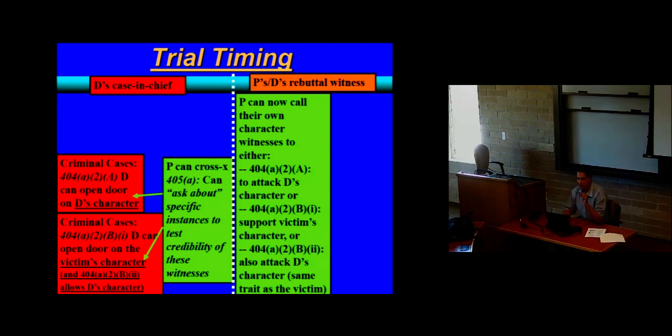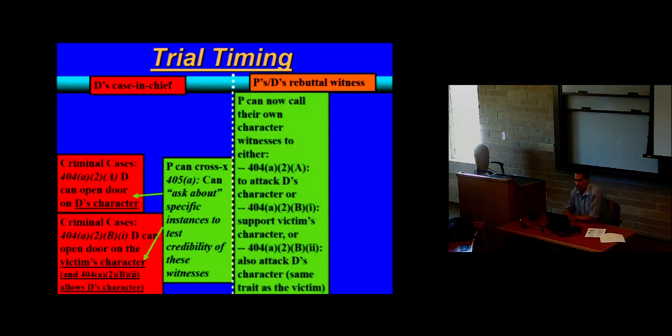But also remember that if the defendant attacked the character of the victim, then under 404(a)(2)(B)(2), the prosecution can also attack the character of the defendant on the same trait, even if the defendant didn't call a character witness and open the door on himself by saying that he had good character. The defendant would have opened the door nonetheless by attacking the victim's character, but it would only be open on the defendant to the extent that the defendant attacked a character trait of the victim.